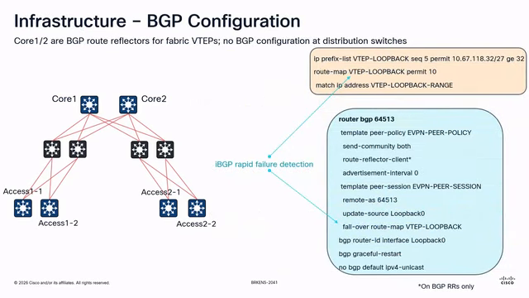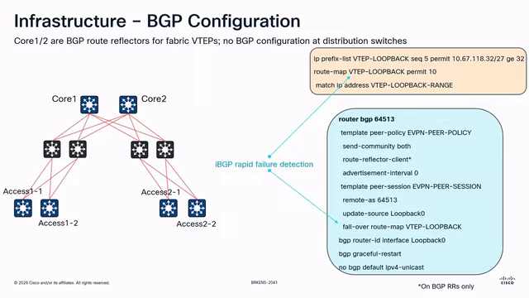The next step is to configure BGP. In our design, as you can see, we have a routed access topology, so our access VTEPs are peering directly with the core. These ones are just sitting in the middle. If you have fabric to distribution, you will just do this configuration on the distribution switches.